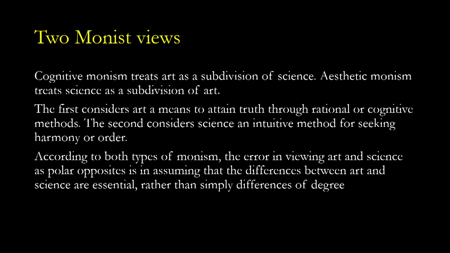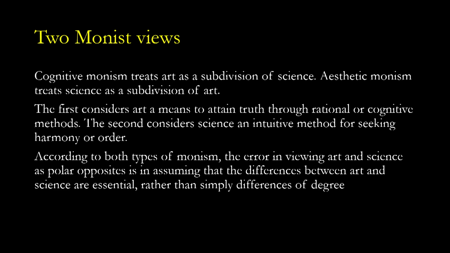But there are also other views which say that this polarity might not be true. There is a certain essential similarity between the arts and science and technology. So, there are two monoist views that have been talked about in the past. Let us discuss them. Cognitive monoism treats art as a subdivision of science.